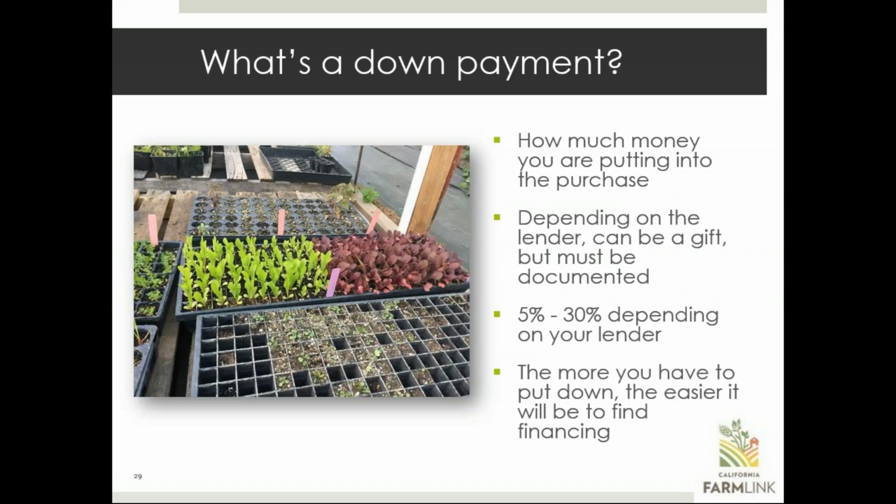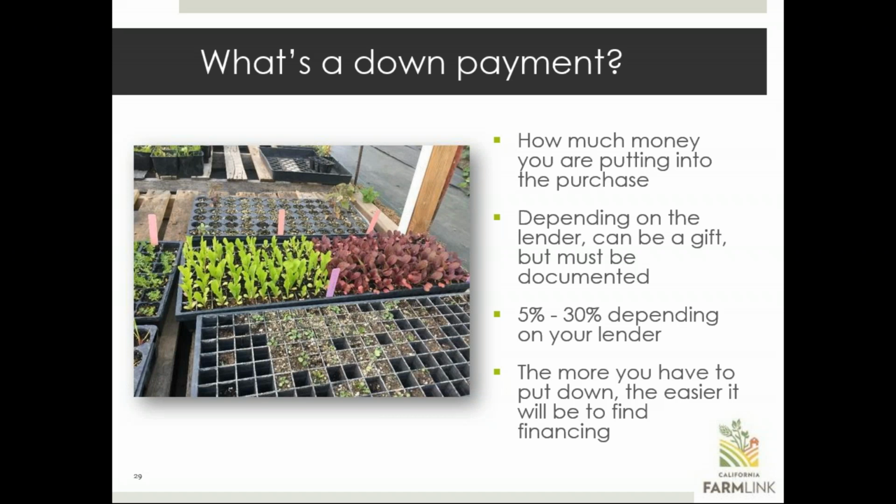So what's a down payment anyway? It's important to discuss with your lender what percentage of down payment they're going to be asking for. FSA does have some down payment assistance programs. Typically, they're going to be looking at between 5 and 30%. This is essentially how much you are putting into the purchase.